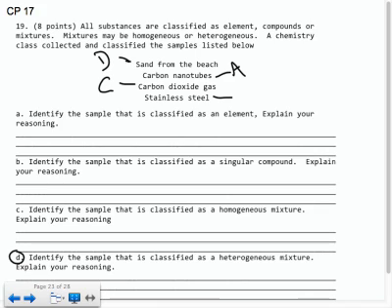And then stainless steel is an alloy, which is a type of homogeneous mixture. If you slice a piece of stainless steel, despite the fact that it has different components to it, iron, carbon, nickel in some cases, you cannot distinguish the individual parts, but you could separate them by physical processes. It doesn't require chemistry to separate the parts of stainless steel.